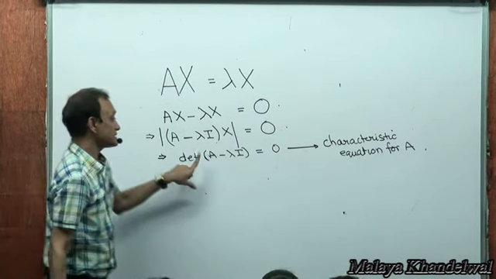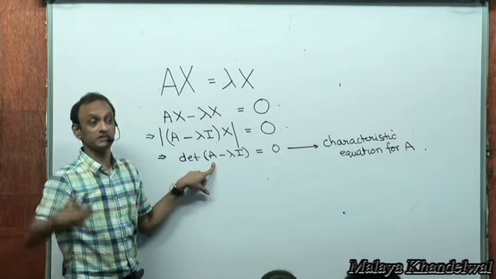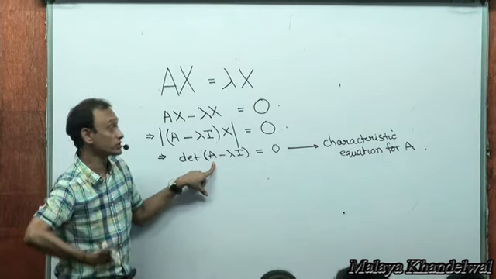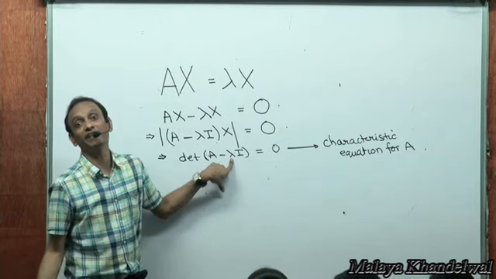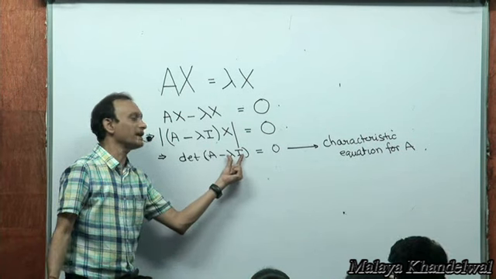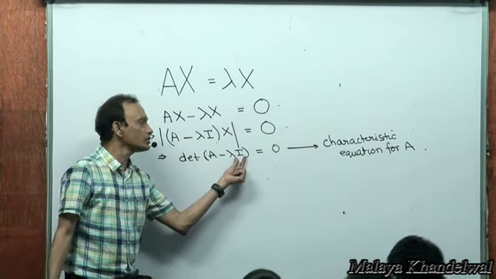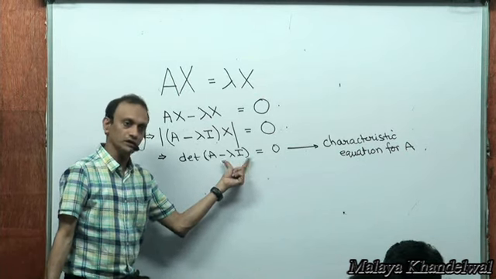Now the question is, given A, a square matrix of a certain order, how many values of lambda will we have? I obviously will have to be of the same order to make A and lambda I commensurate. If A is of order n, the unit matrix I will also be of order n.